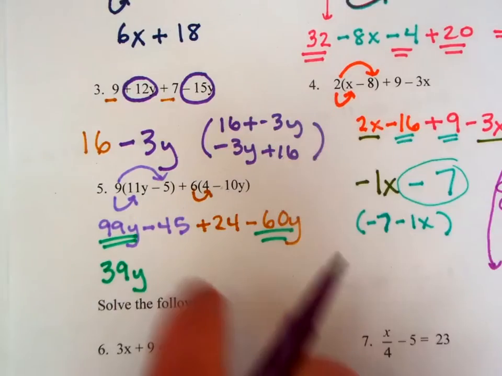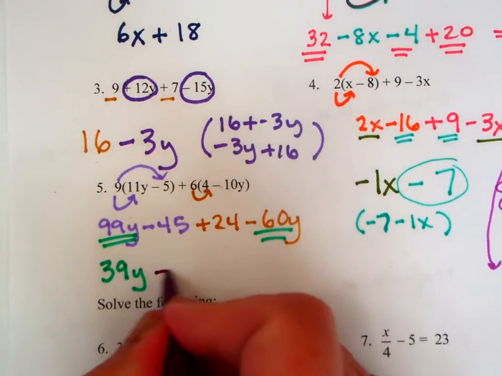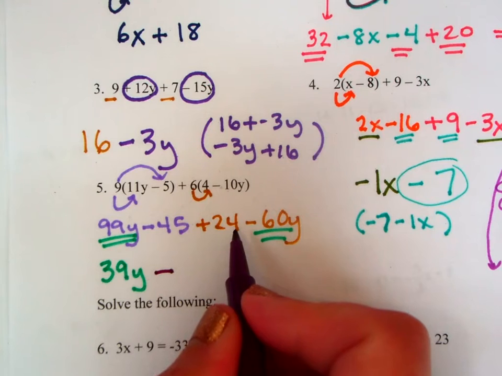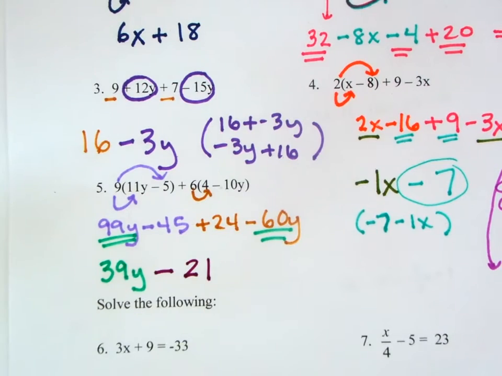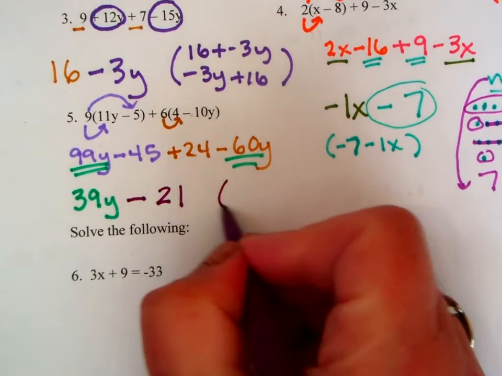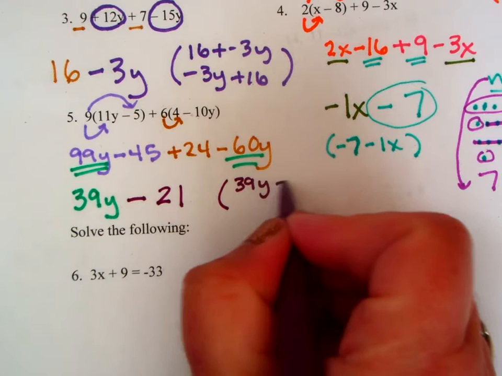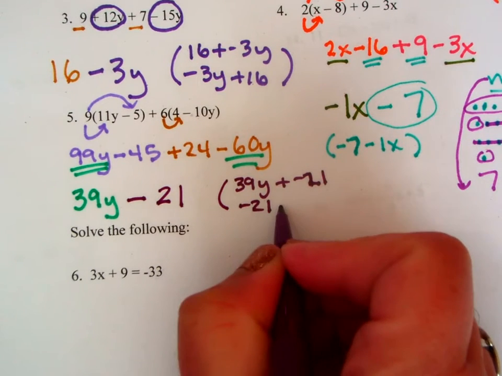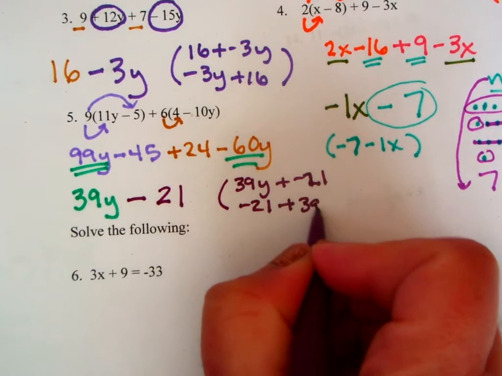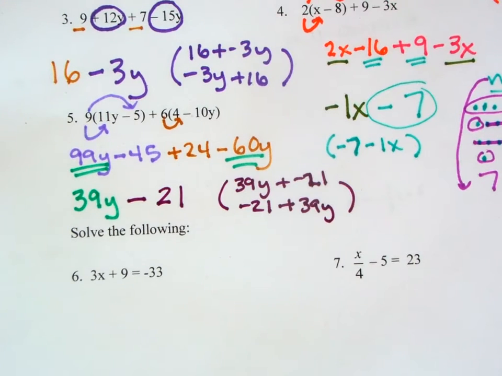Okay, so I'm going to have a negative answer, so minus, and then 45 minus 24 is 21, so 39y minus 21. Okay, or, of course, 39y plus negative 21. Or negative 21 plus 39y. All of those options are available.